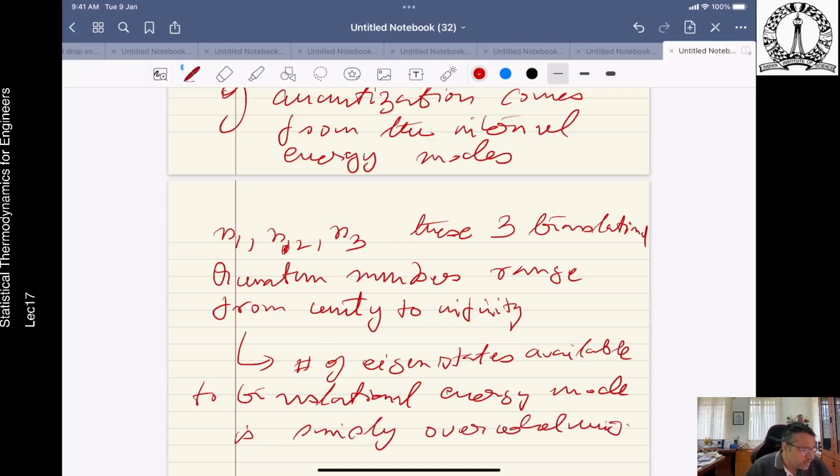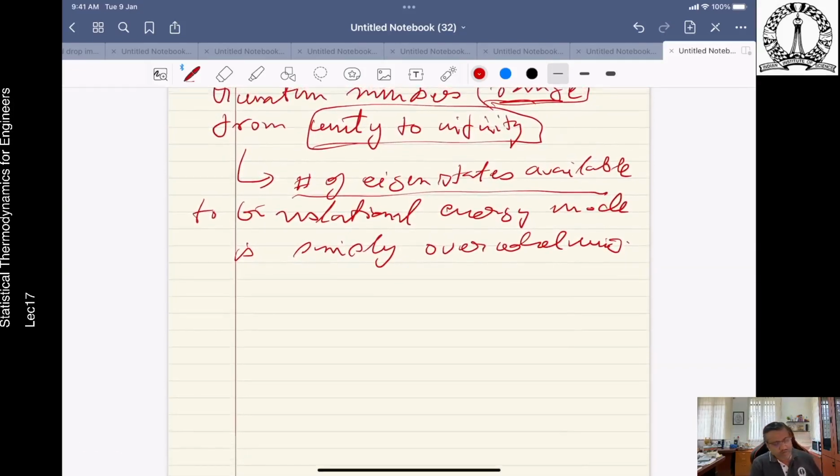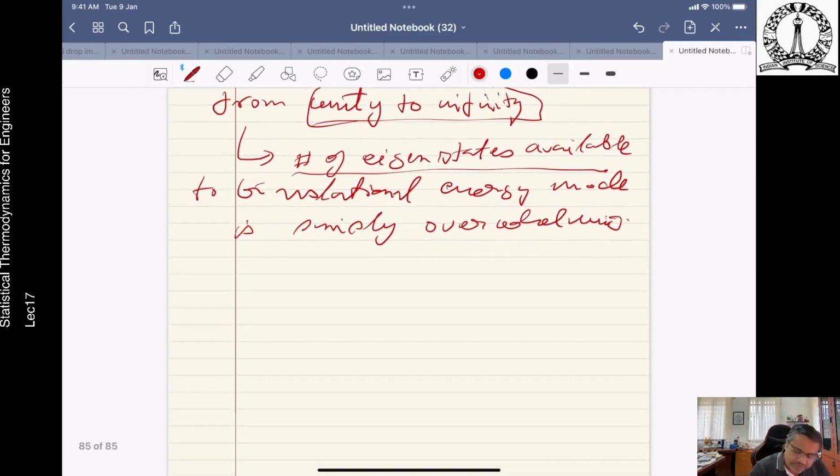So if the cube is three-dimensional, it has got a huge range. As a result, the number of eigenstates can also be huge in this particular case. So we got two things: the energy is minuscule and therefore it appears continuous, and therefore we need to take a look at the internal energy modes for evidence.